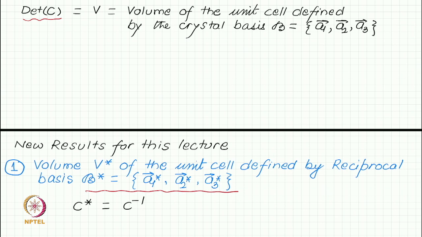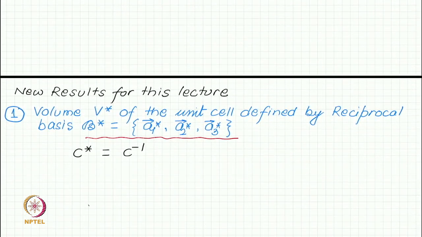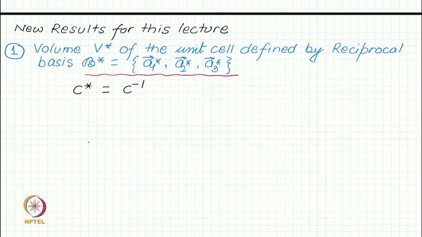So, you have found these vectors, and then all we have to do is to find the volume of that unit cell. We will use this property of the two matrices, that C star is nothing but C inverse, to find the volume, taking the determinant of both sides.